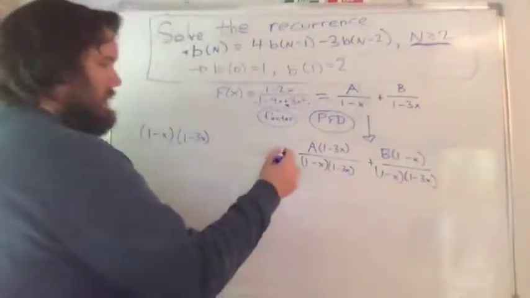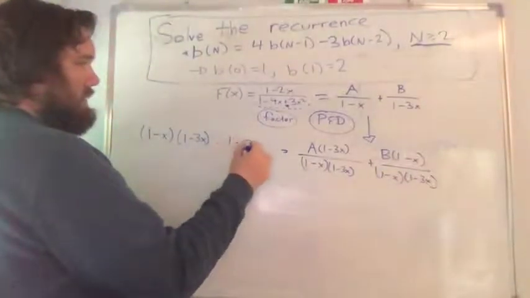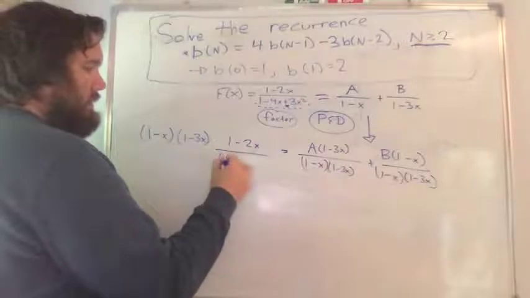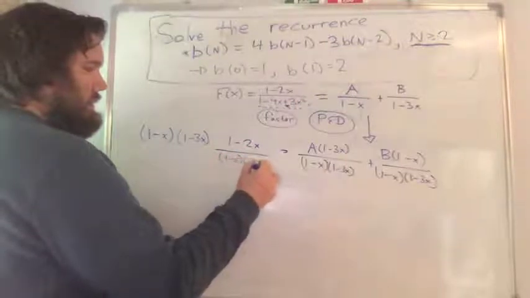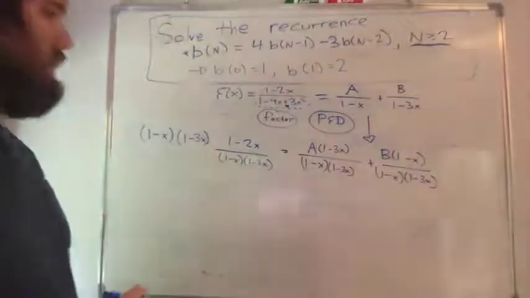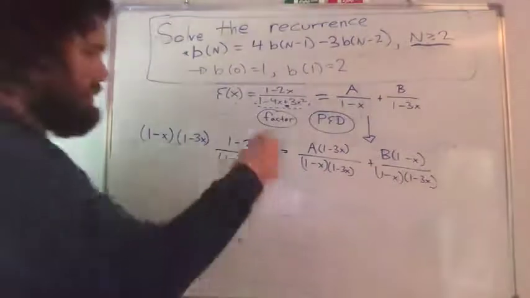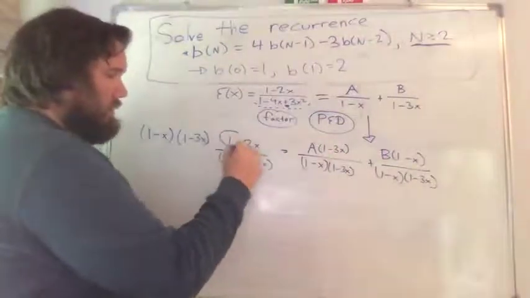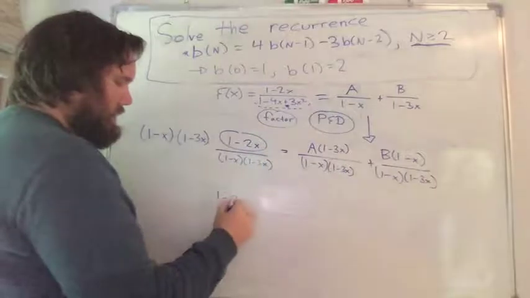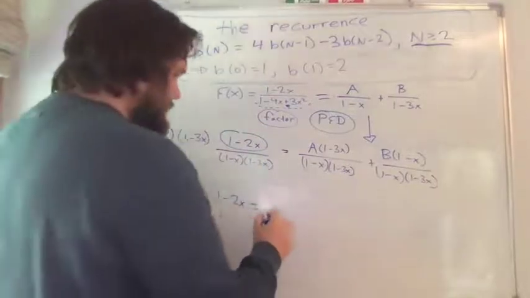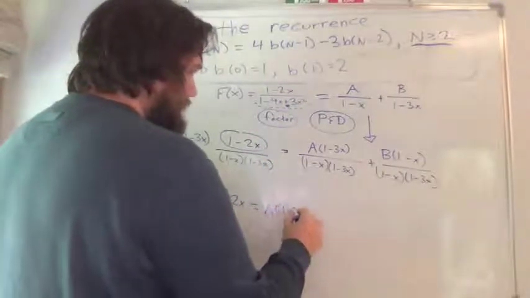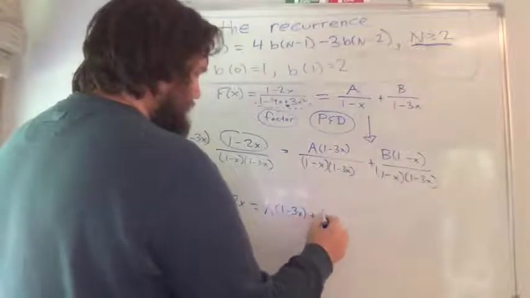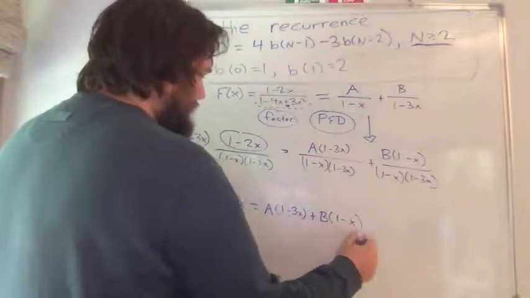And I'm claiming that this is equal to (1 minus 2x) over (1 minus x)(1 minus 3x), which means the numerators better be equal. In other words, 1 minus 2x needs to be equal to a times (1 minus 3x) plus b times (1 minus x).